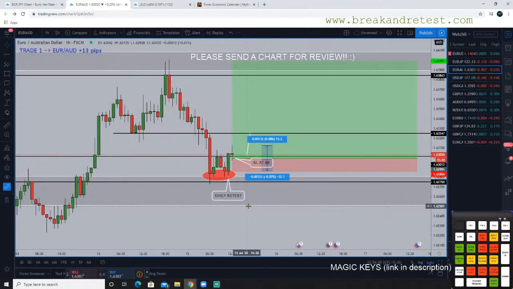I'm still in the trade, but my stop loss is at break even. So if you're looking to say, can I enter now? It's the second time, so I wouldn't suggest it. But it's your own choice. You can enter if you want or not.